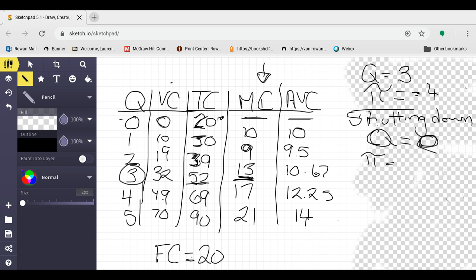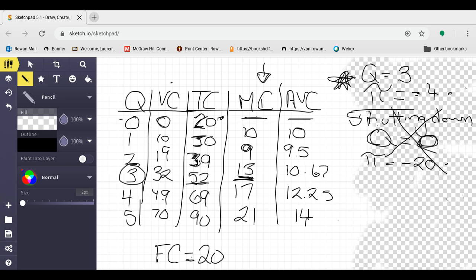So 0 minus 20 or negative 20. Well, which one's better? Negative 4 or negative 20? In our case, shutting down would be worse, and we wouldn't want to do that.